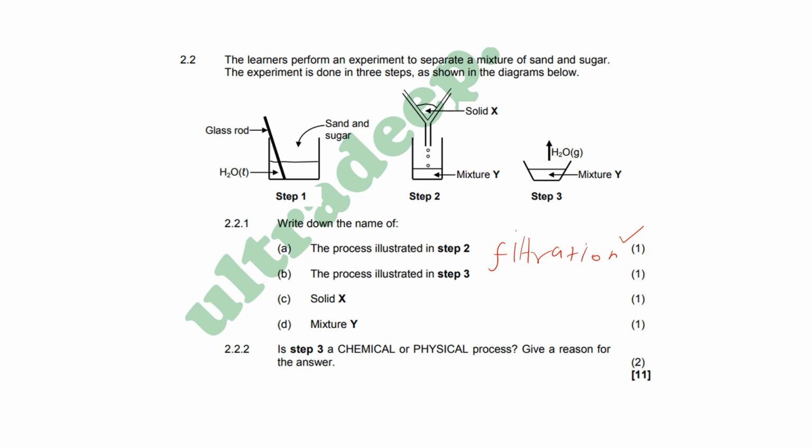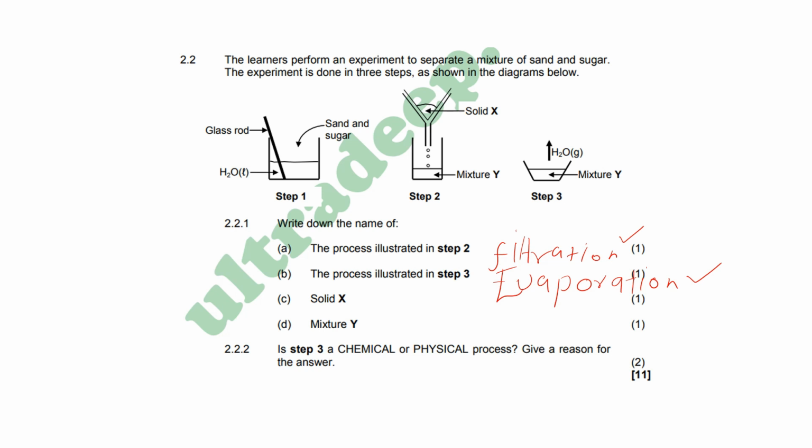What process is that? That process is actually referred to as evaporation. So the liquid, the gaseous, the steam, evaporation. The steam or the water gas is escaping from the mixture. So it is evaporating out of mixture Y.